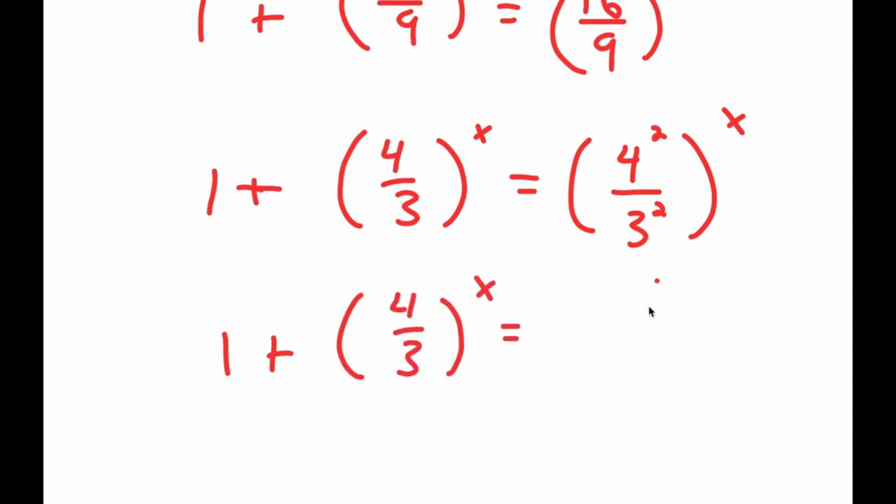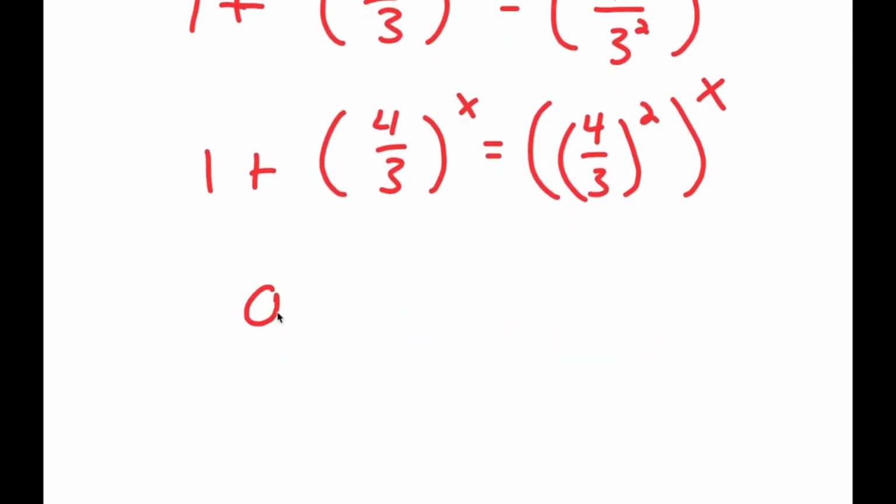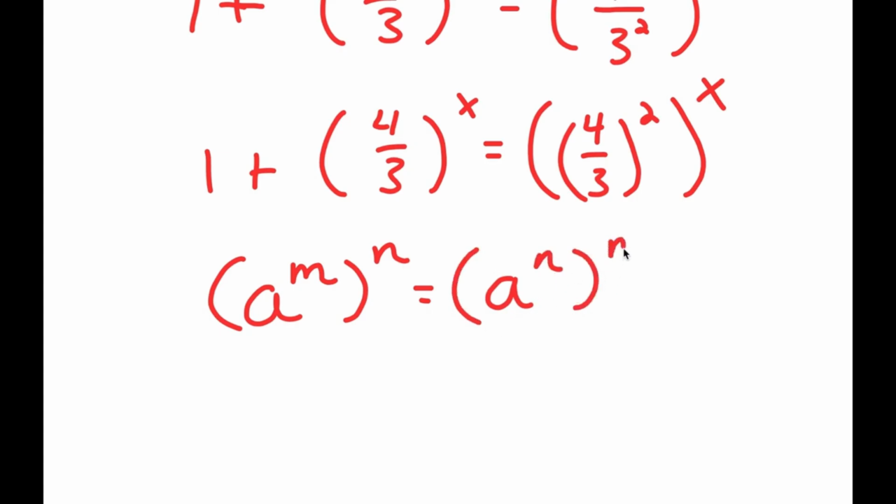Now 4 squared over 3 squared, that's the same thing as 4 over 3 squared. And now I have this to the power of x. Now, if I have something in the form a to the power of m to the power of n, this is equal to a to the power of n to the power of m.